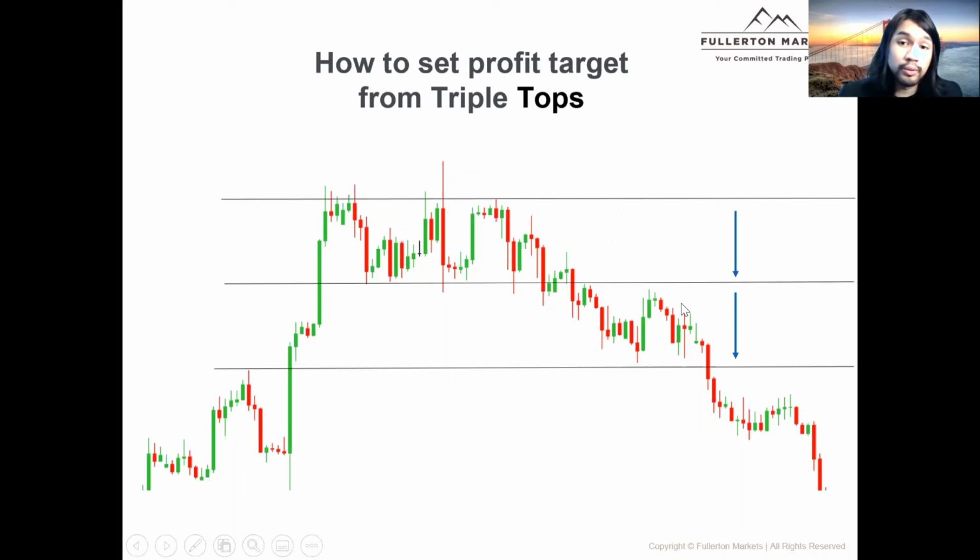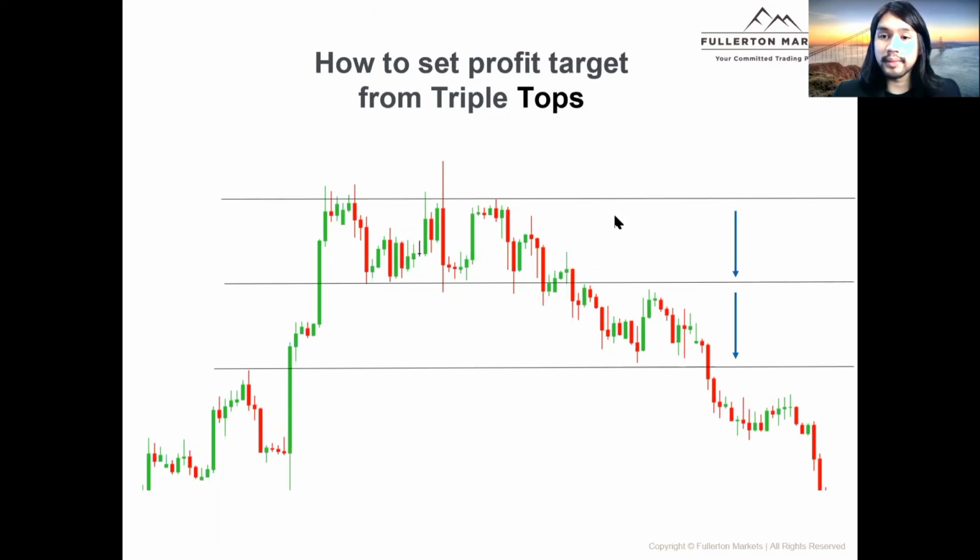So how do you take profit? Just like earlier, we want to measure the point from the top to the neckline. Okay, hold on, let's just go back. All right, please excuse my internet connection, friends.